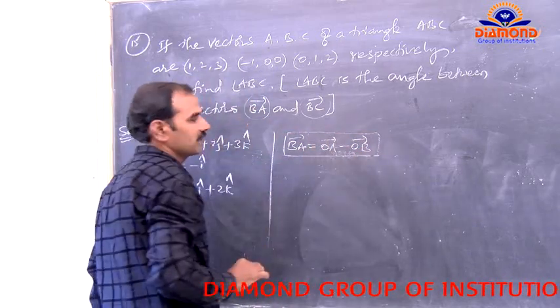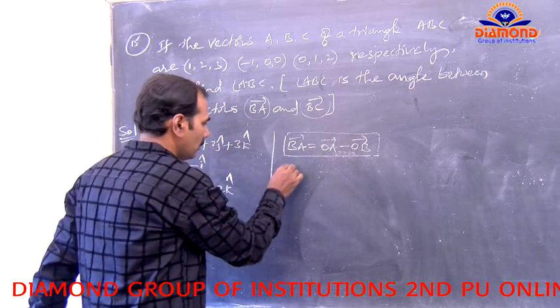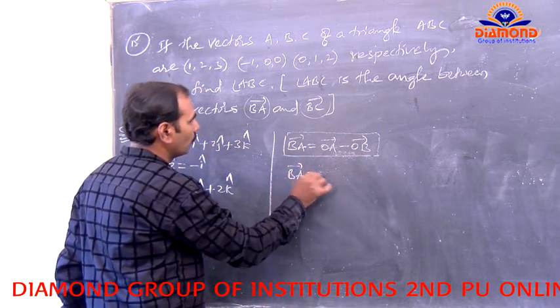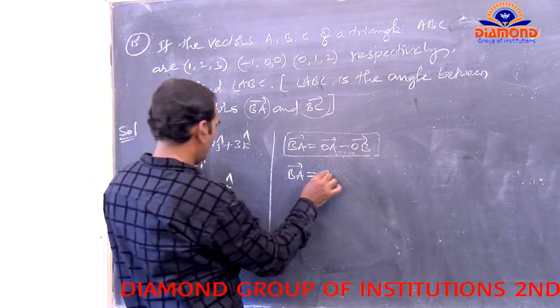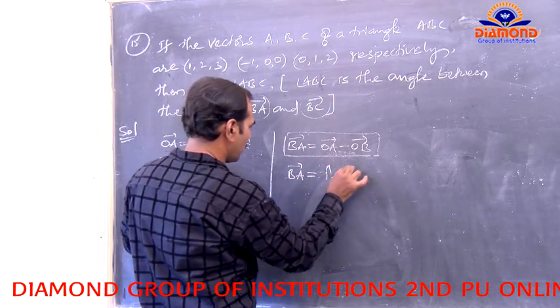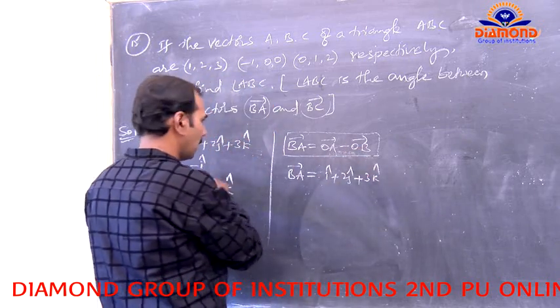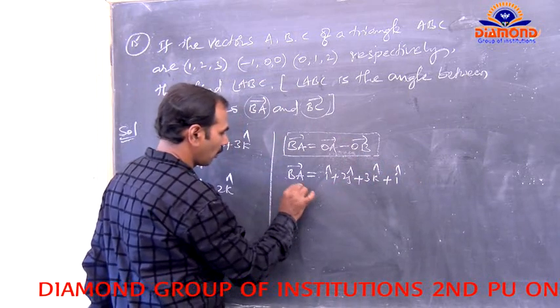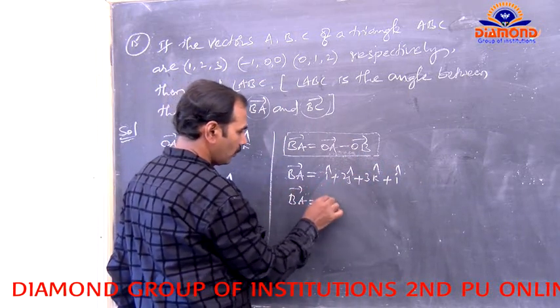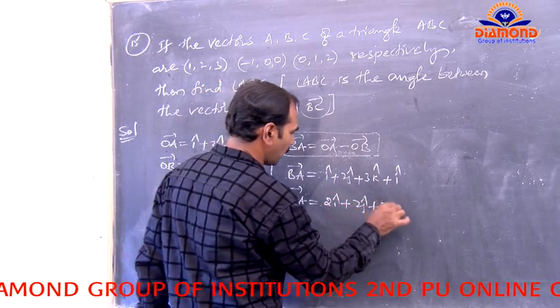So BA bar equals (i cap plus 2j cap plus 3k cap) minus (minus i cap), which gives 2i cap plus 2j cap plus 3k cap.